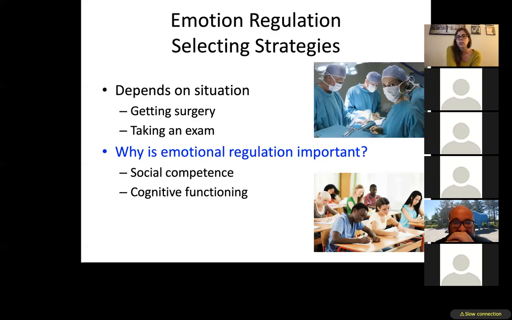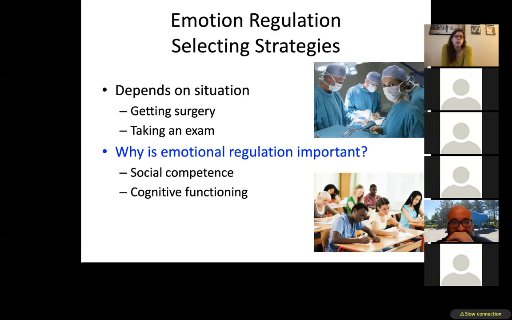But also the other way too. If you're feeling really proud and happy about something, there are display rules that say, in some cultures, like in Eastern cultures, displaying individual pride is not seen as positive. So knowing when to regulate those positive emotions down so you can harmonize with the group a little bit better.